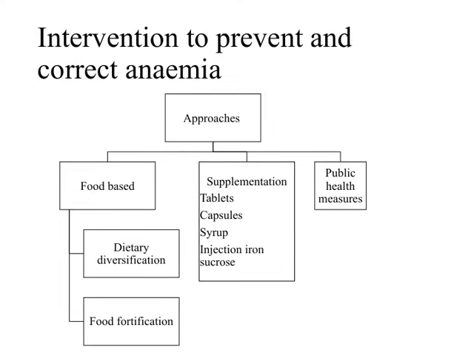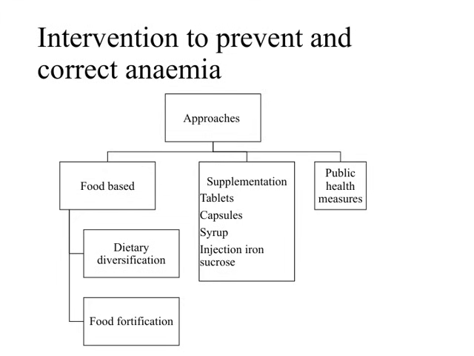This is a critical aspect because addressing anemia effectively can have a significant impact on overall health and well-being. Preventive strategies often include improving dietary intake, ensuring adequate consumption of iron-rich foods, and promoting nutritional education. For those already affected, treatment might involve iron supplementation or addressing underlying causes such as infections or other health conditions.